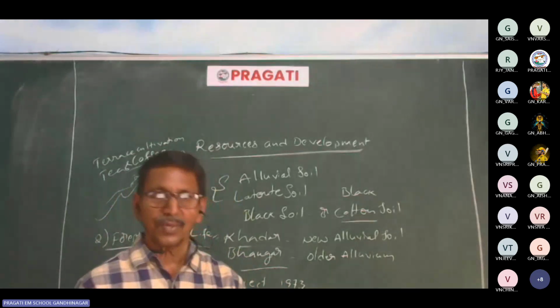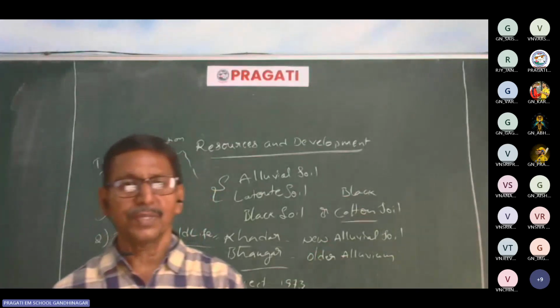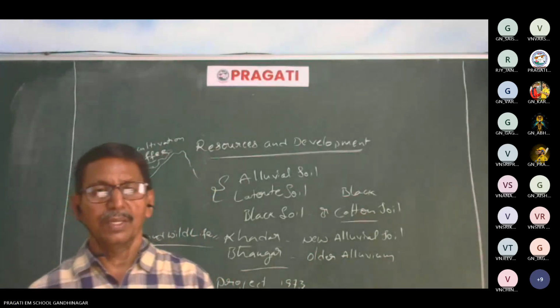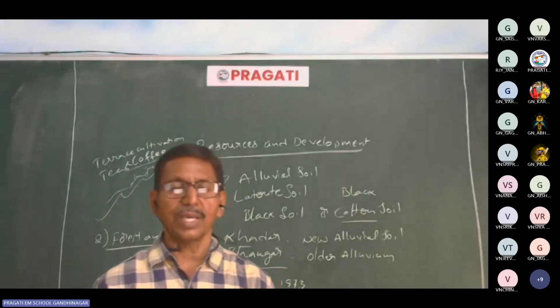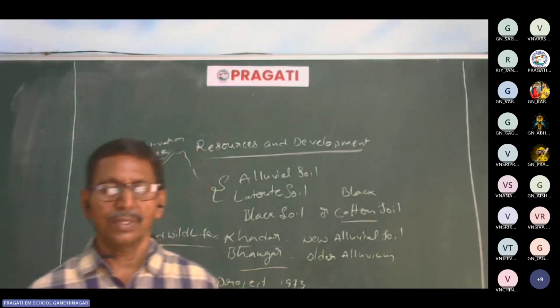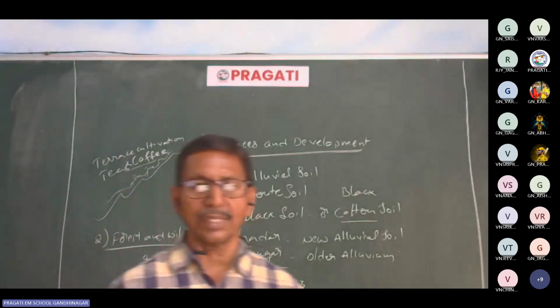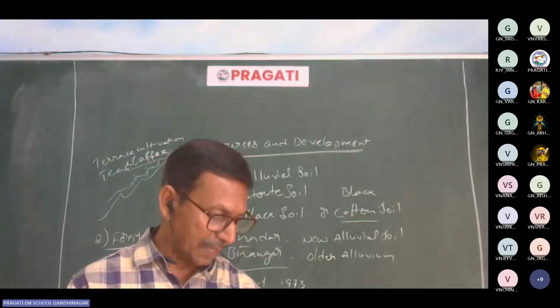For example, in Uttarakhand, Jim Corbett Park, Corbett National Park, Manas Tiger Sanctuary, as well as Periyar in the Kerala region, Sariska National Park in Rajasthan. Like that, there are many.